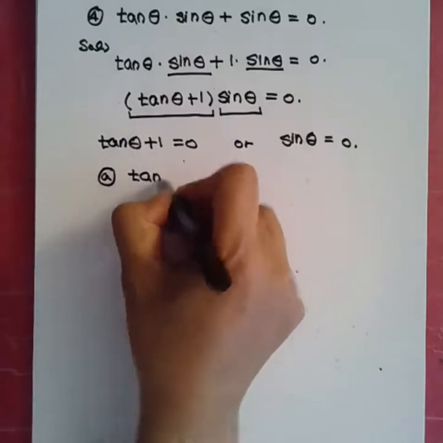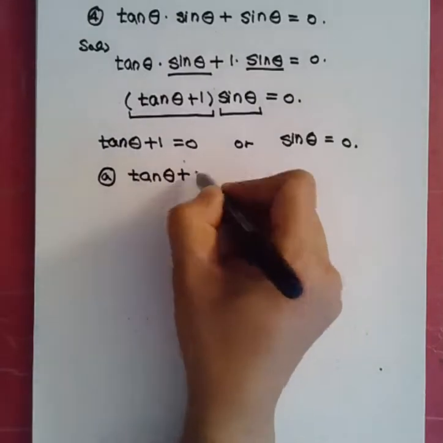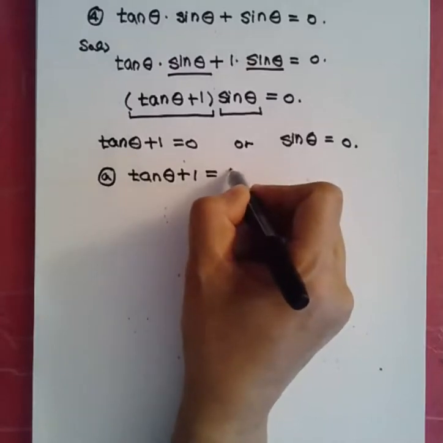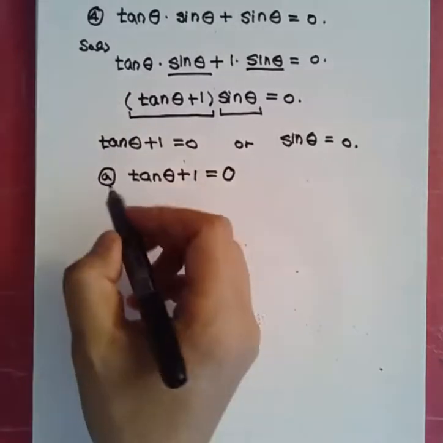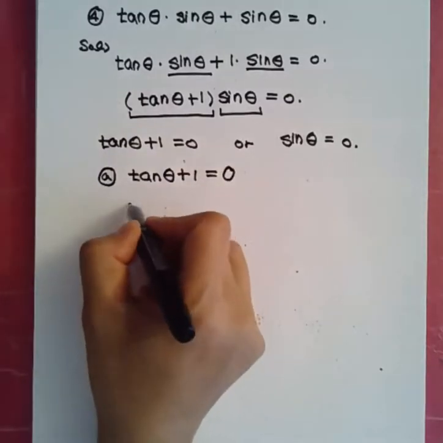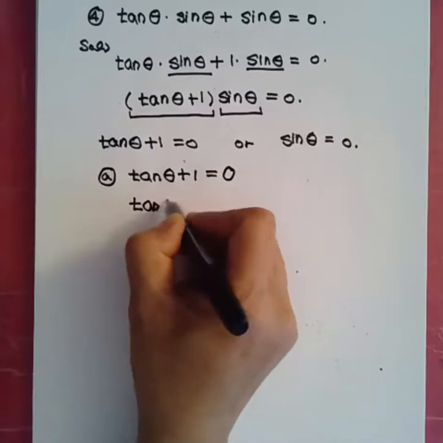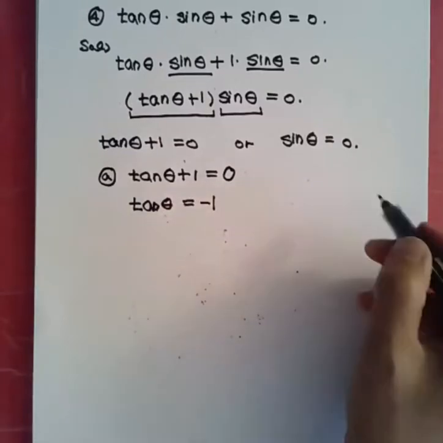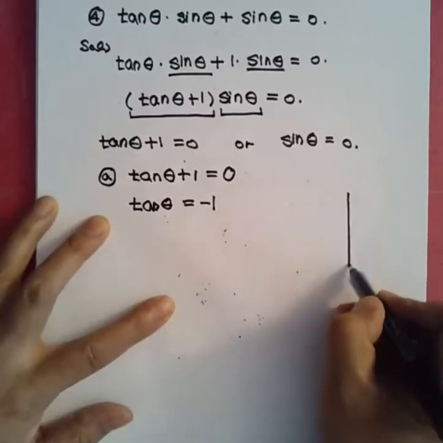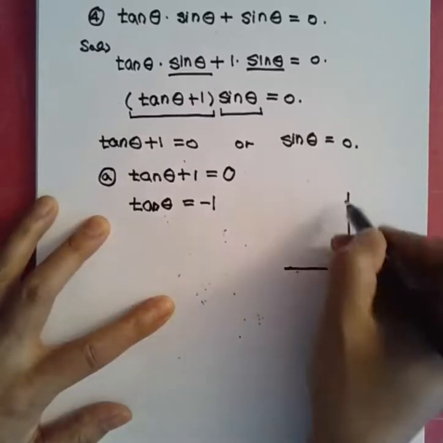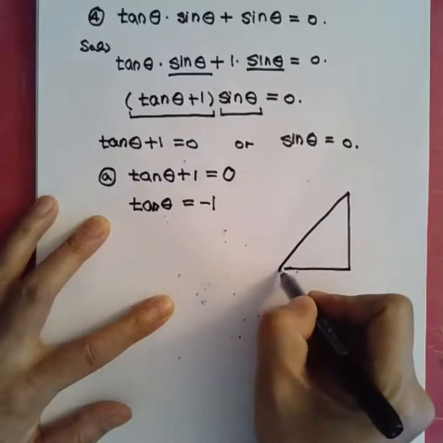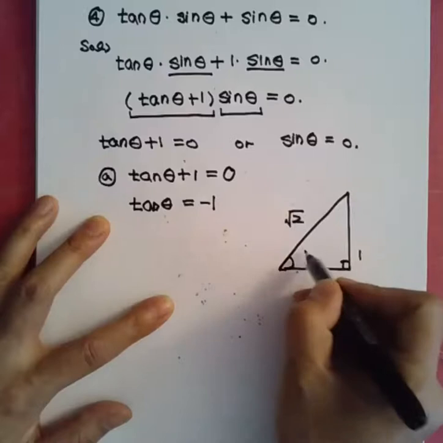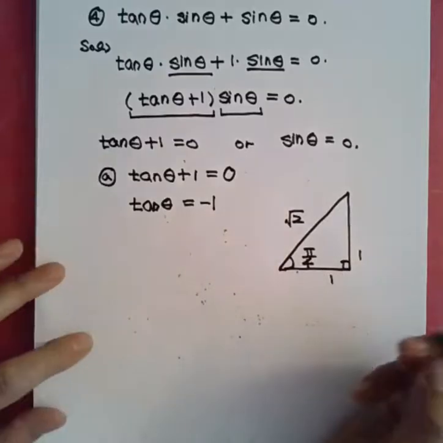Let's work out both cases. Tangent of theta plus 1 equals 0. If we solve for tangent, then it becomes tangent of theta equals minus 1. Obviously, the reference triangle will be a 45, 45, 90-degree triangle. This is pi over 4.